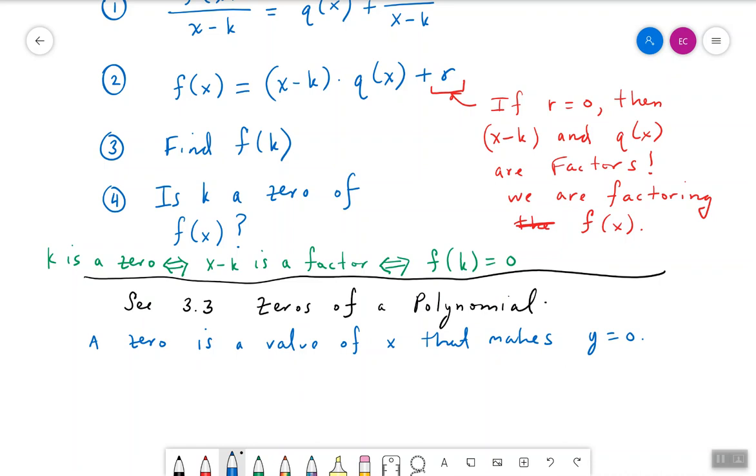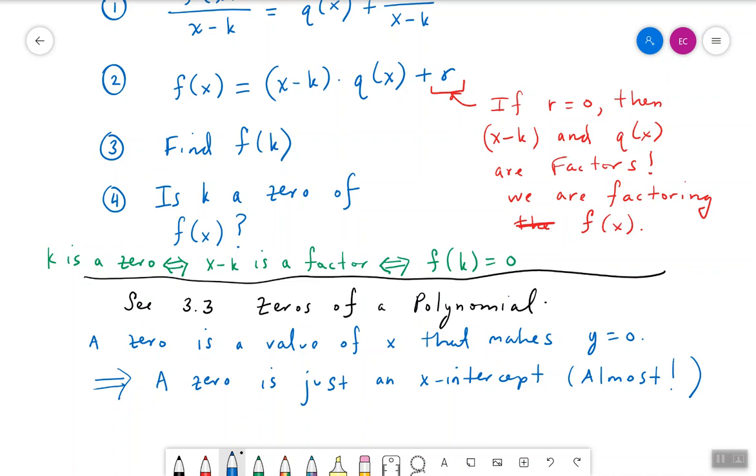Well, and you already heard that before. Isn't that just an x-intercept? A zero is just an x-intercept. And I'm going to put "almost" here to remind you of the one small difference between a zero and an x-intercept.